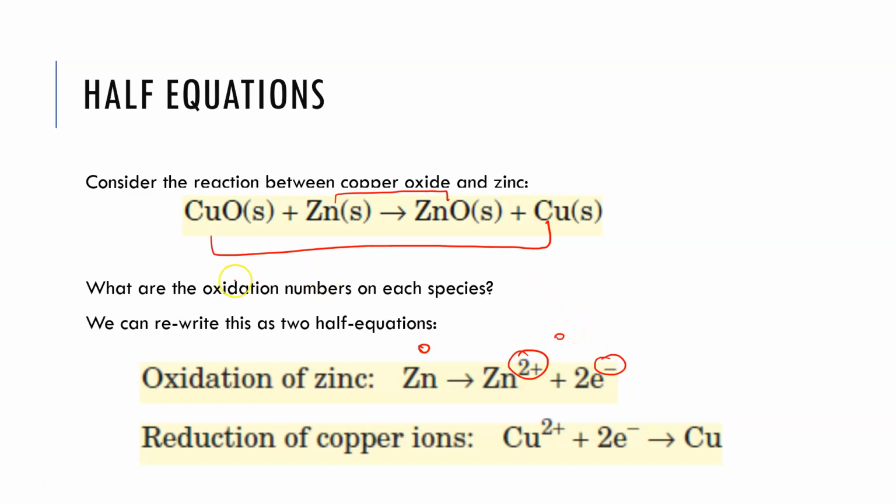When we look at the copper, CuO, so this is going to be Cu2+, goes to Cu solid, so I need to decrease the charge on this copper. I'm going to add electrons in and go Cu2+ plus 2 electrons gives me Cu solid. From this we can see that the zinc is going from 0 to plus 2, so the oxidation number increases, we have oxidation, and the copper goes from plus 2 to 0, so we have reduction.